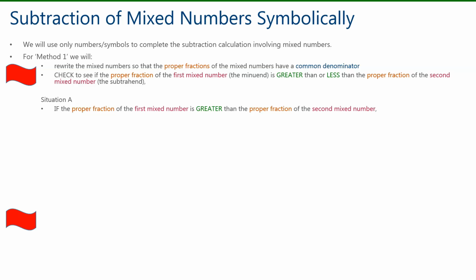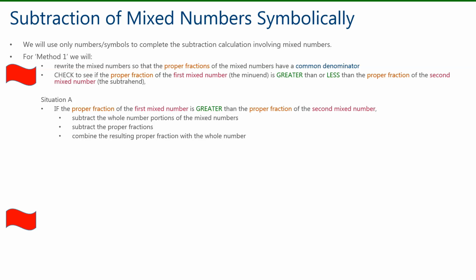So if our proper fraction of the first mixed number is greater than the proper fraction of the second mixed number, here's what we do. We subtract the whole number portions of the mixed numbers. We subtract the proper fractions. We then combine the resulting proper fraction with the whole number.